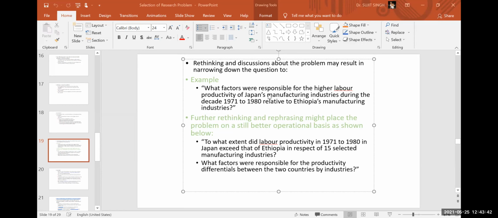Here, there is some ambiguity regarding the manufacturing industry. Are you going to compare all the manufacturing industry? No, it won't be possible. So you have taken 15 cases of the manufacturing industry. That may be a representation.